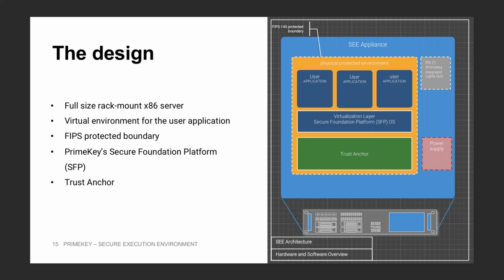And therefore we added what we call PILO, the PrimeKey Integrated Lights Out system. Here we have the possibility to display the status in front of the secure execution environment on the touchscreen panel, or we can also access this PILO from outside via a web browser and mirror the touchscreen display into the browser itself, so that we have a picture of the status and can control the minimum. We have a minimized control.